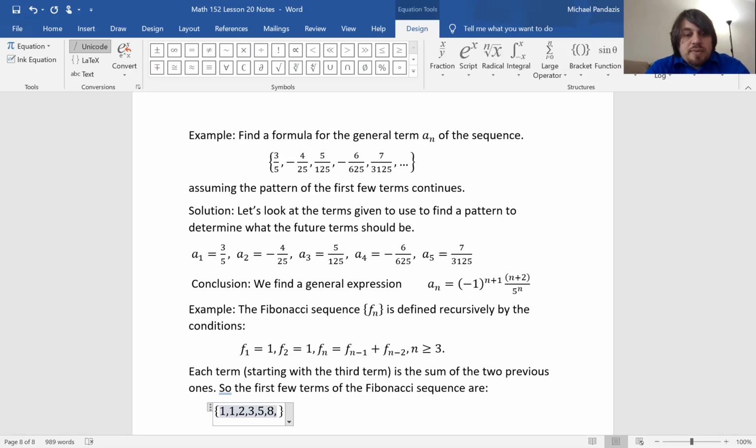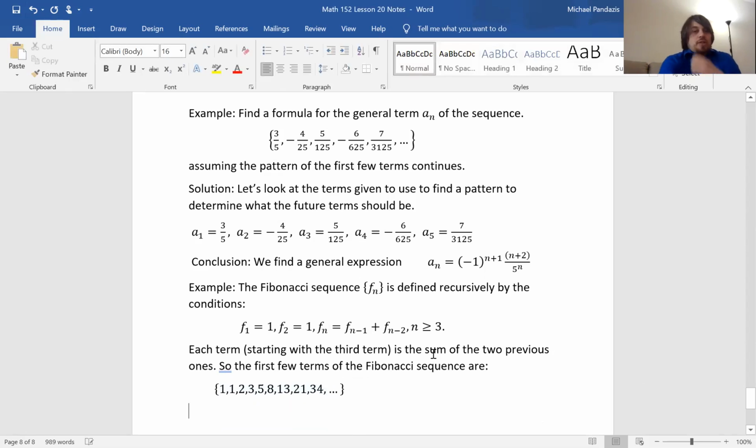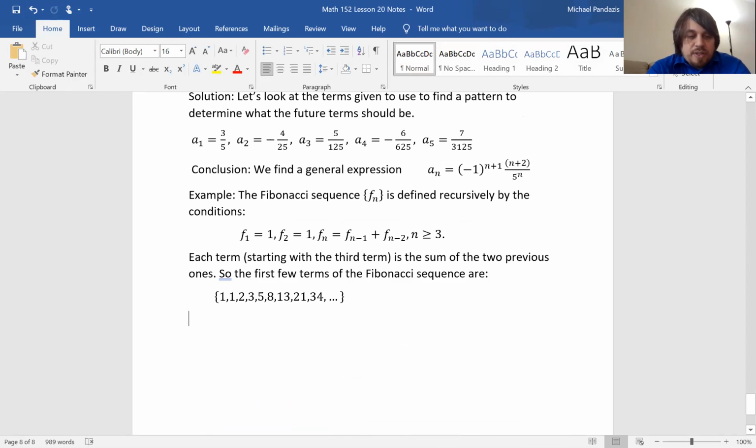The next one is 5 plus 8, which is 13. The next one is 8 plus 13, which is 21. 13 plus 21 is 34, and so forth. Okay, so those are the first few terms of the Fibonacci sequence. That's an example of a sequence, and an important one in science and specifically biology.